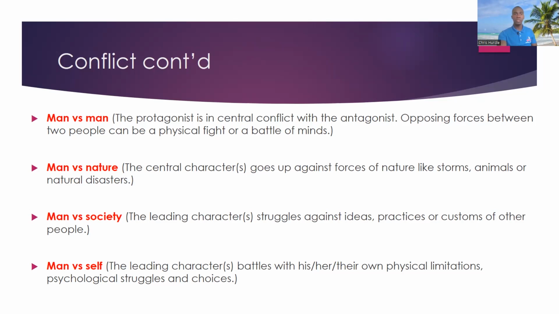Opposing forces between two people can be a physical fight or a battle of minds. So man versus man would be protagonist versus antagonist. You have a protagonist who has an objective, and the antagonist is that individual who prevents the protagonist from achieving that objective, right? So that's man versus man.